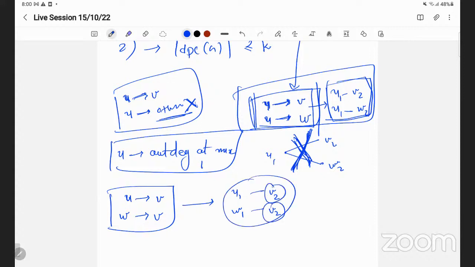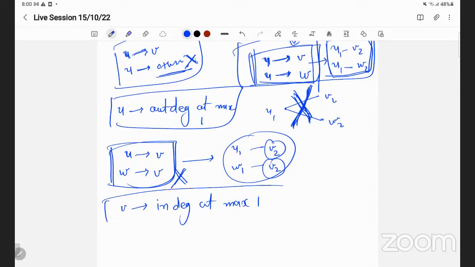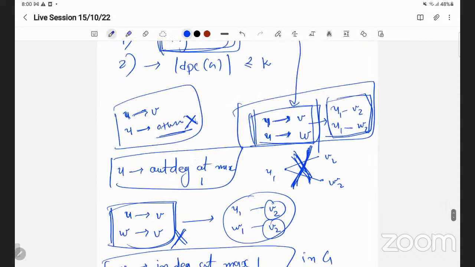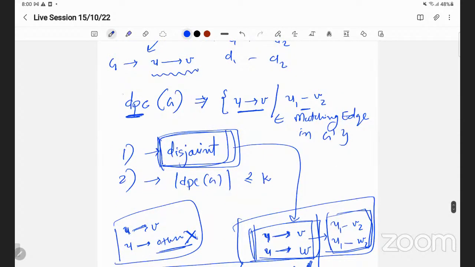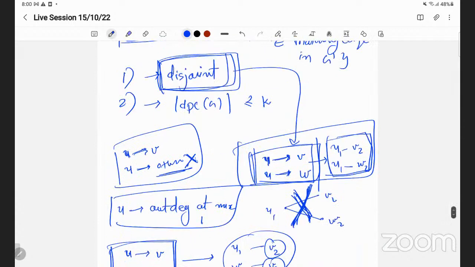So this case doesn't happen. That means any vertex has in degree at most 1 in G. So what I proved is that any vertex in the disjoint path cover of G has out degree at most 1 as well as in degree at most 1.